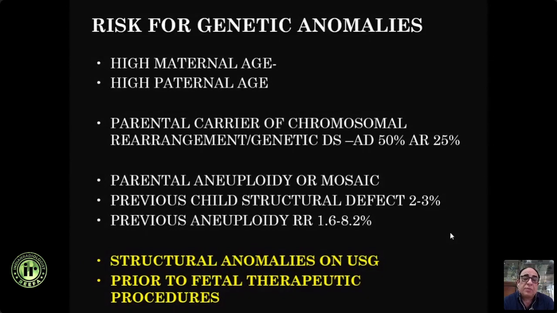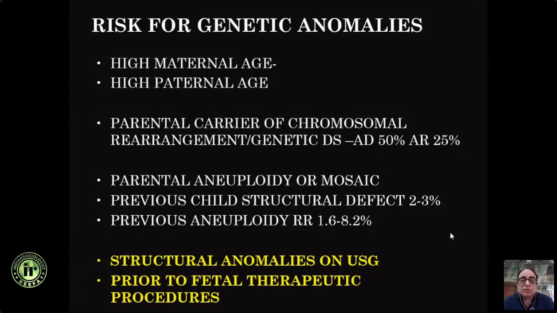And if the parents themselves have an aneuploidy or a mosaic aneuploidy, many mosaic Turners are otherwise normal. If they have a previous pregnancy with a structural defect, the recurrence rate is about 2 to 3%. Previous aneuploidy recurrence rate is about 1.6 to 8%.